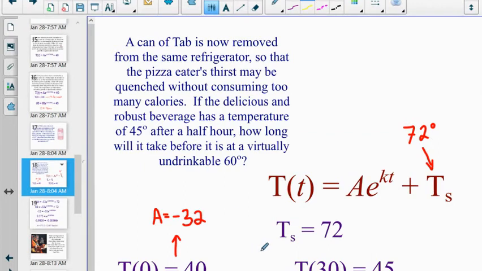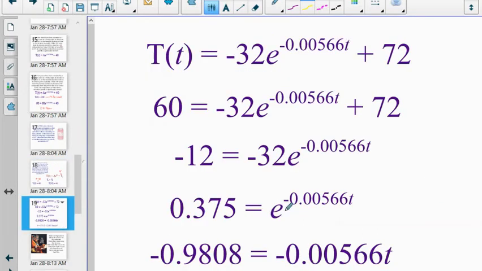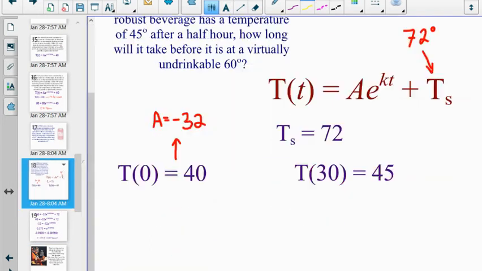And then finally, my temperature after 30 minutes is 45 degrees, and so everything's plugged in except for that. And here finally I'll actually walk through the algebra steps. I've got this constant, nope, I take it back. I did cheat, and I plugged it into the equation.